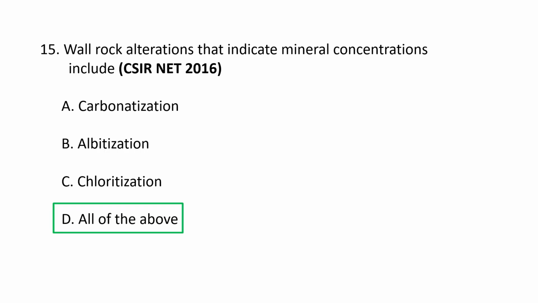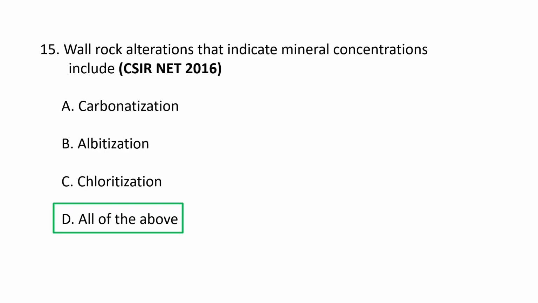country rocks. Carbonatization is the addition of magnesium, iron, or calcium to form minerals such as dolomite, calcite, or ankerite, which is common in gold deposits. And then chloritization, a widespread alteration of adding iron and magnesium, commonly seen in the footwall of massive sulfide deposits.